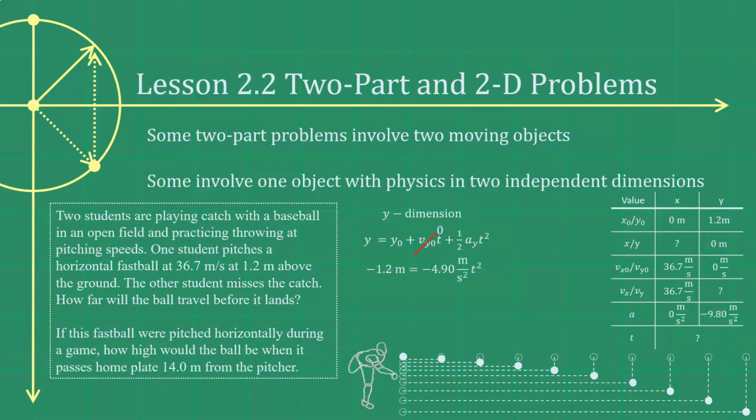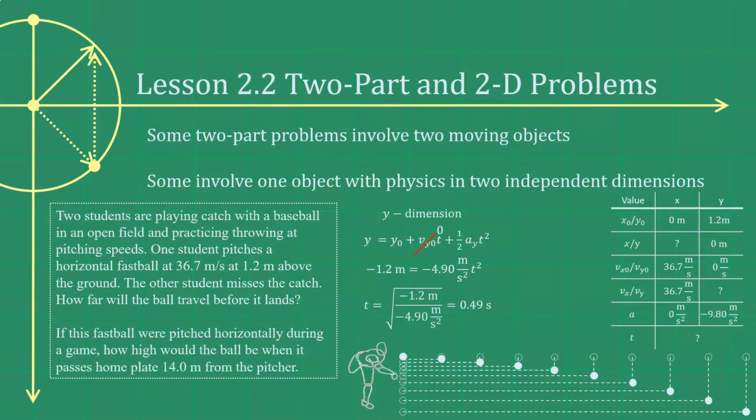That gives me this, and then I know that t squared equals negative 1.2 over negative 4.9, or t equals the square root of that expression. It's always a good thing when the value under your radicand is positive, so it's good that we're dividing a negative value by a negative value to get a positive value. When I actually solve this, I find that the time is 0.49 seconds.